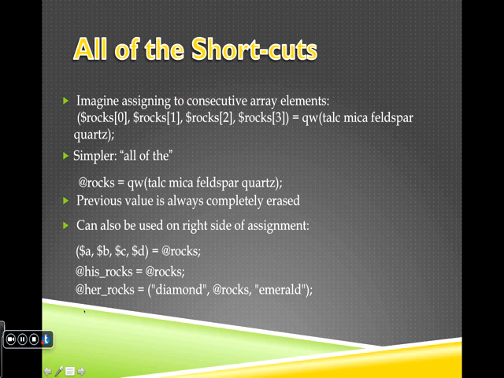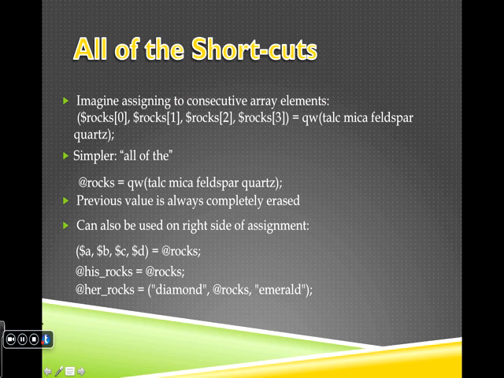Also, I can have an assignment of the list to another list of scalars. So here the first element will go to the first, the second to the second, the third to the third. And if I didn't assign the fourth one, that means it only picks the first 3 and assigns them to the first 3 scalars.